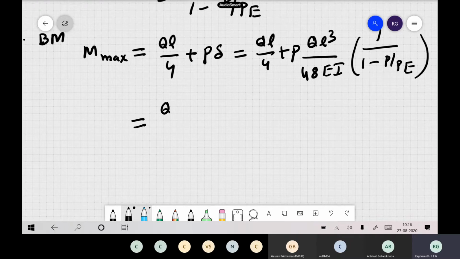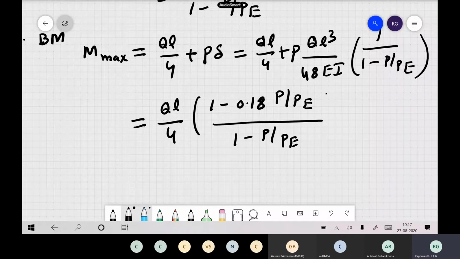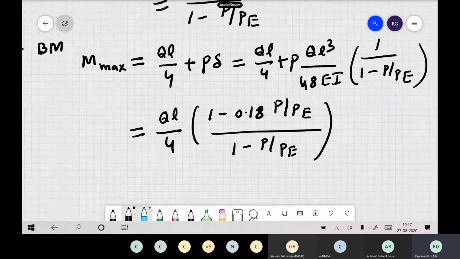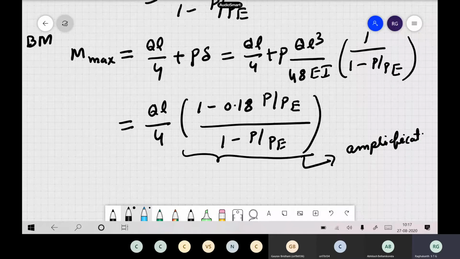You can write this expression as QL by 4 into 1 minus 0.18 P by P_E by 1 minus P by P_E. This is also a beautiful expression which comes from these calculations. So this quantity is nothing but an amplification or magnification for bending moment.